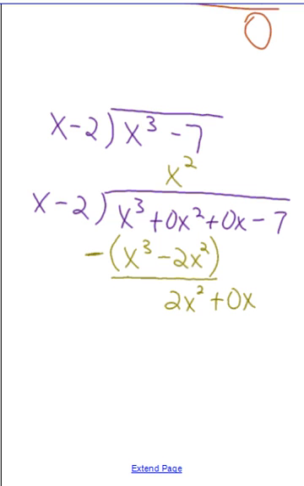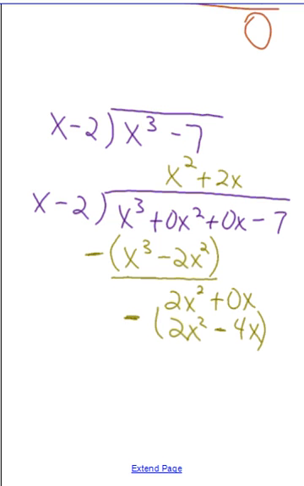X times what equals 2x squared? Wouldn't it be negative 2x? No, because we're subtracting a negative, so it makes it positive. That's a good question. 2x times x is 2x squared. 2x times -2 is minus 4x.